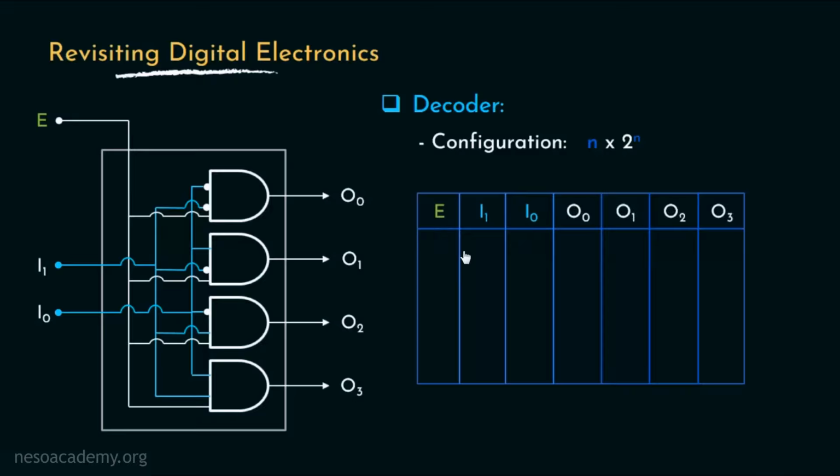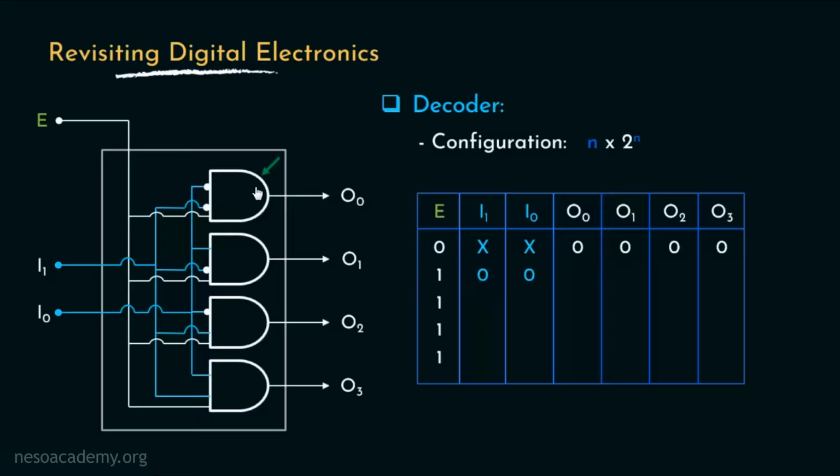Now if E remains 0 or off, in that case, whatever the input may be, since one of the inputs of every AND gate is 0, all the output lines will produce 0 only. So from now onwards, we will consider the enable line to be high, that is always set to 1. Now if I1 and I0 both are set to 0, observe, due to these bubbles, both zeros will be set as 1s, and E is already set to 1.